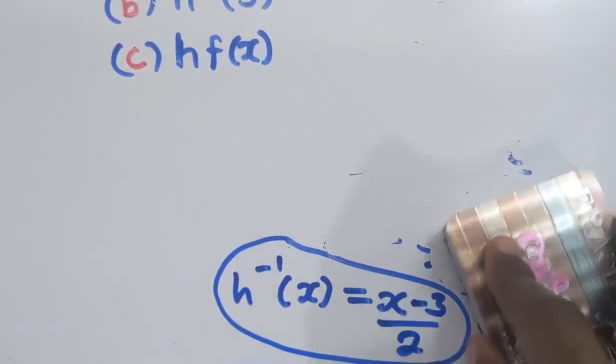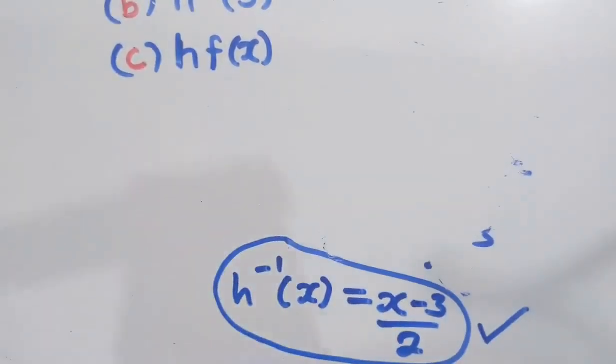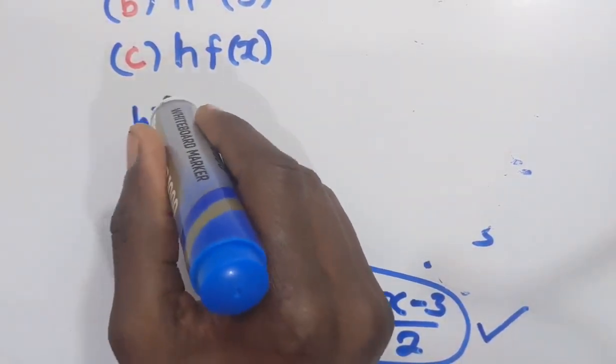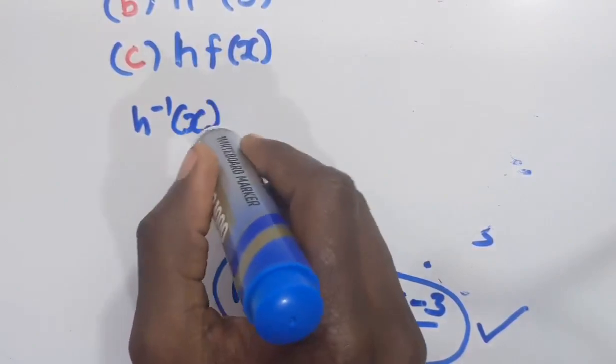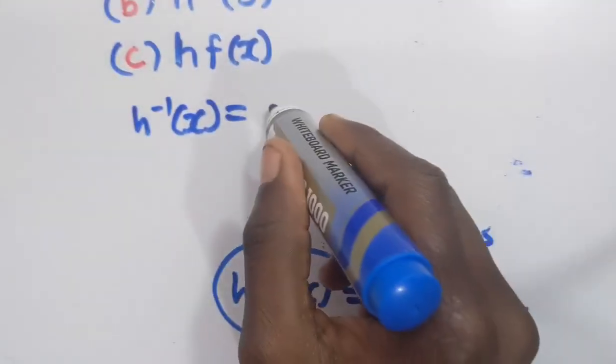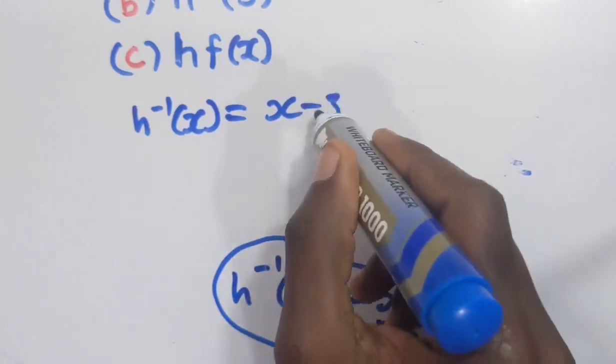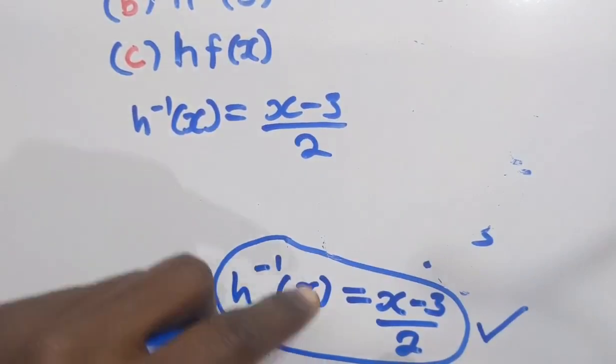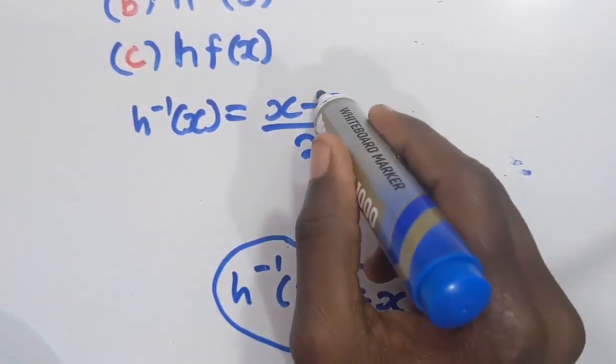Let me just copy this answer here. So we are going to say h inverse of x is equal to x minus 3 over 2. I've just copied this to there.